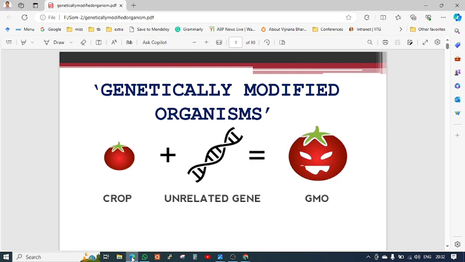For 5 to 10 days it does not rot, and it can be easily stored in your kitchen. But hybrid tomatoes are coming in nowadays, which are nothing but genetically modified organisms, that you can keep without a freezer, without any refrigerant or preservative. Even after 1 or 2 months the tomato does not rot. So this is the new idea, this is the new thing.